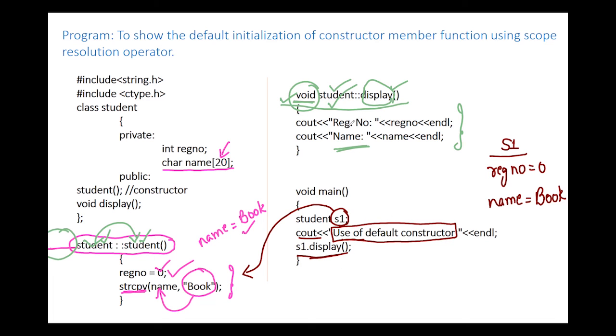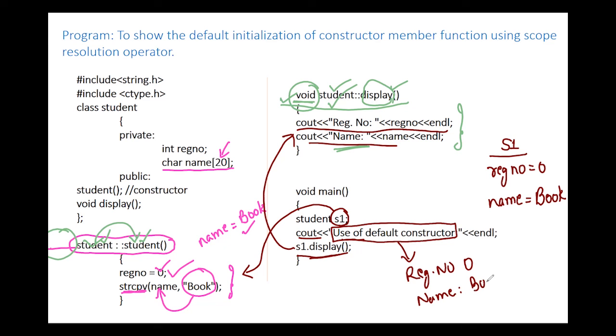So in display, after this line we are going to print the register number. Where am I getting this from? Display is over here. The first line says cout register number, so register number 0, and the next line is name, which is of course book.